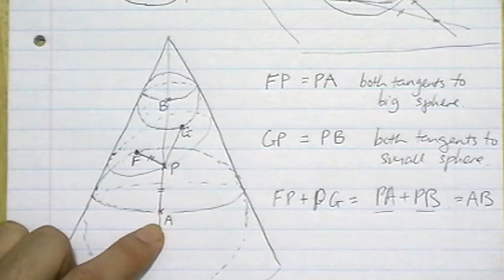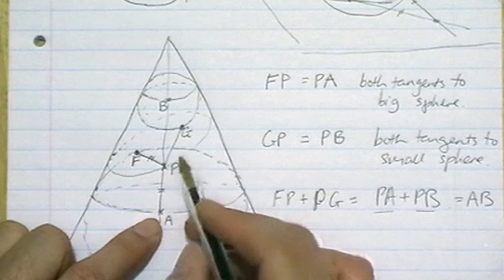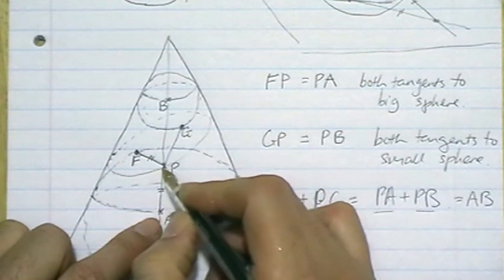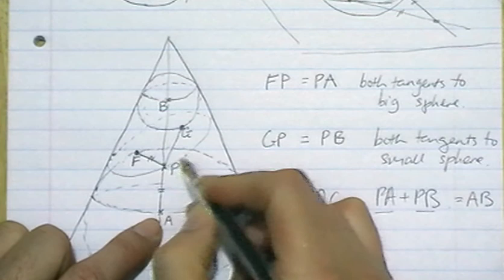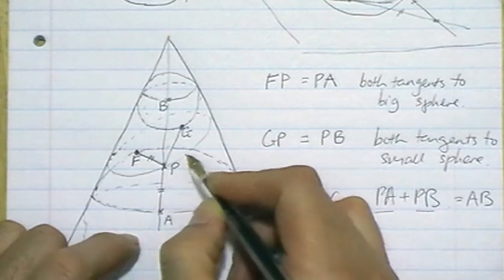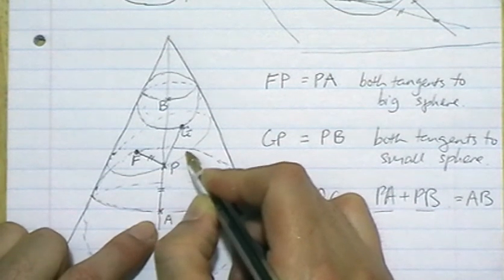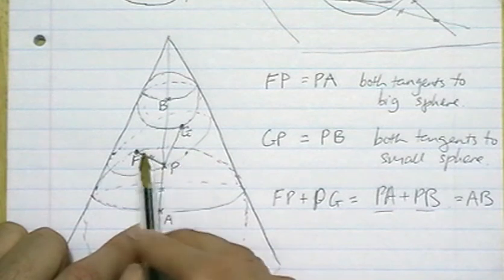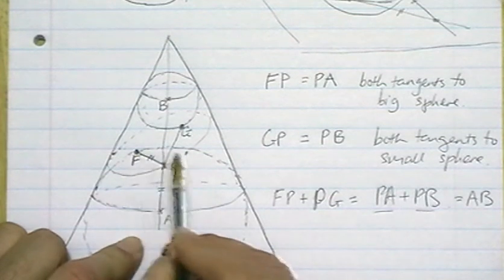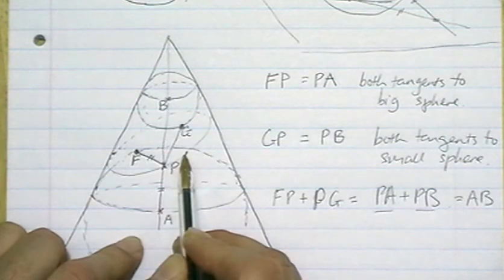Now to see if this is a constant, let's think what we mean by a constant. It means that if I move P to another point on the conic section curve, then for that point, the distances from F and from G must add to the same value.